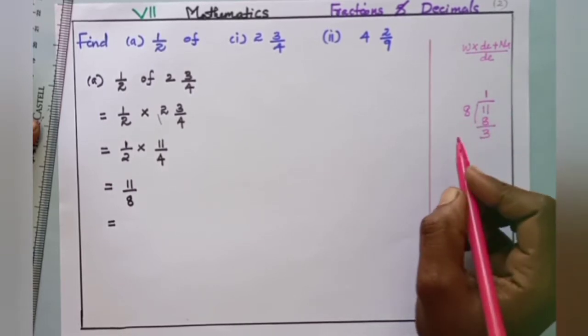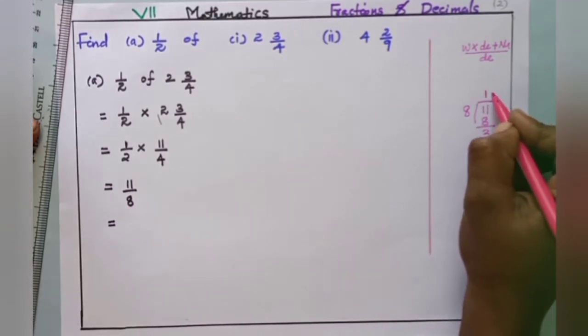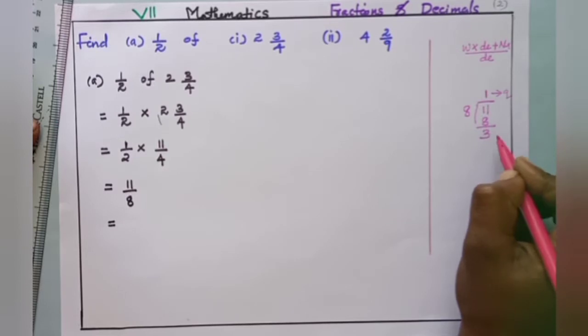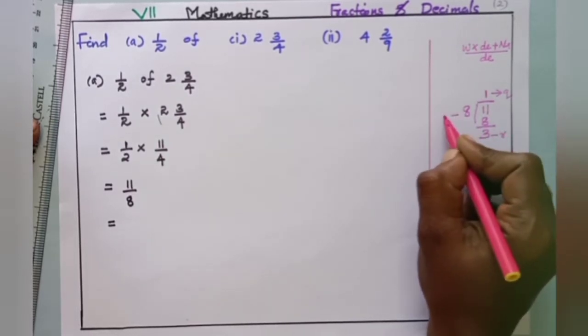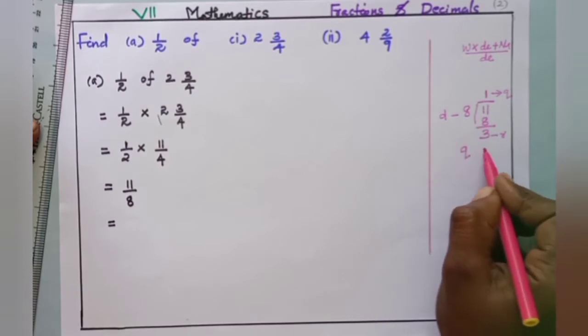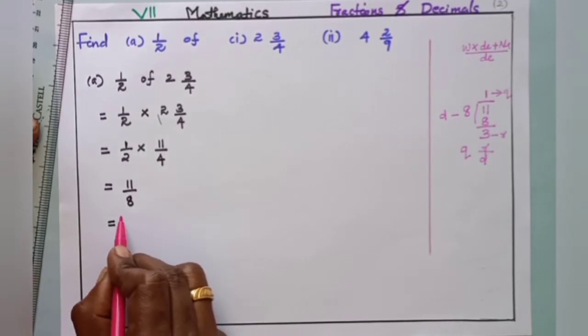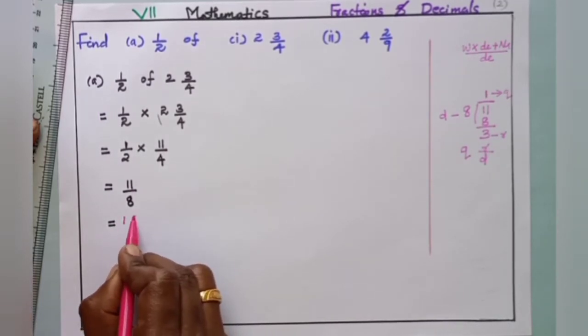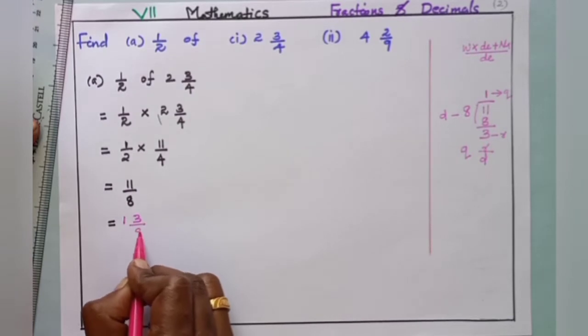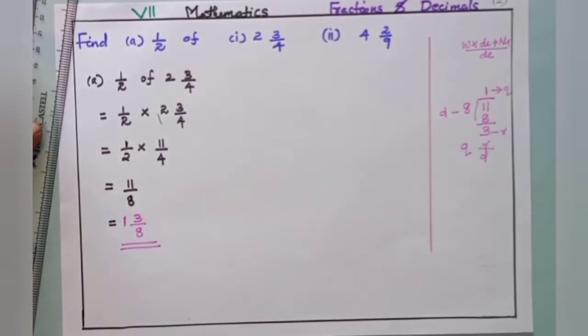So we can write improper fraction as mixed fraction as quotient, remainder by divisor. So we get the answer: 1, remainder 3 by divisor 8. 1 and 3 by 8.